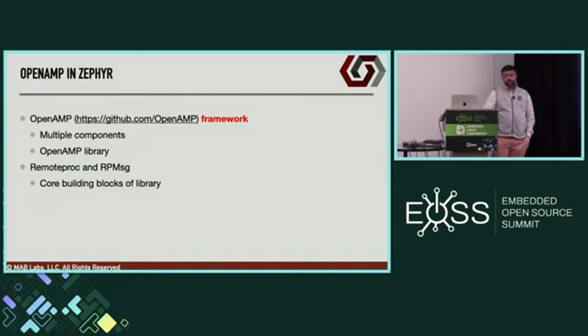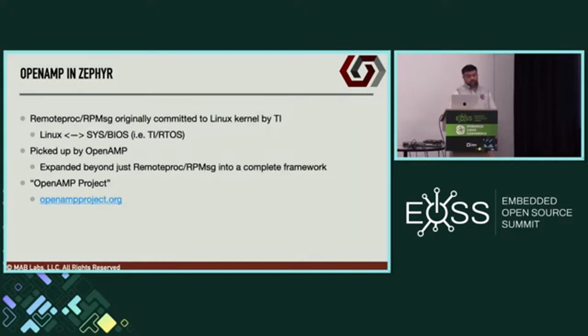We have, of course, the OpenAMP library, and the two main components of it are Remoteproc and RP message. They're the core building blocks of this particular library. These two components were originally committed to the Linux kernel by TI. The motivation for these implementations was essentially allowing communication between Linux and TI RTOS, which was then known as SysBIOS.